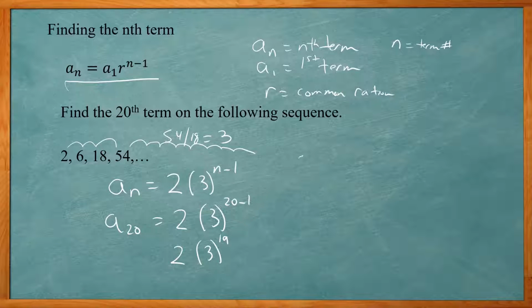If you put this in a calculator, you get 2,324,522,934. So this is a huge number. You're multiplying by 3 each time, so once you get to the pretty high numbers, you're multiplying big numbers times 3 to get to this value. So that's how you find the nth term. You can come up with a formula for it, and then plug in your n value.